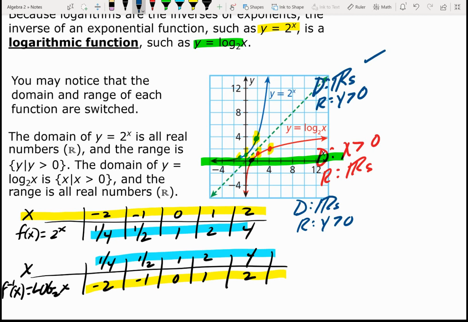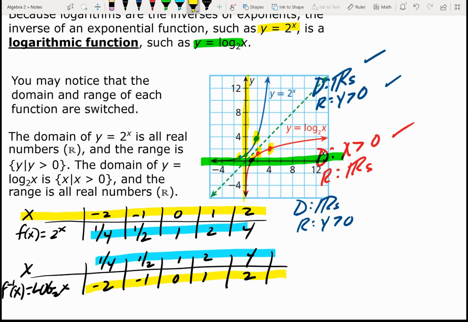So here, because my range was y is greater than 0, now you'll see that the domain for the inverse is going to be x is greater than 0. And you can see the vertical asymptote there. If you take a look at that red graph, we have a vertical asymptote at x is equal to 0.